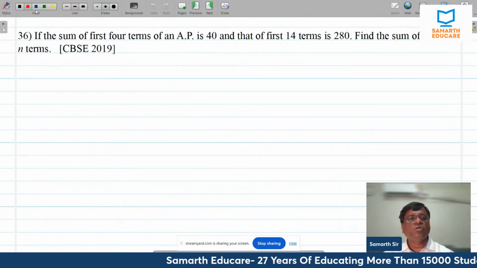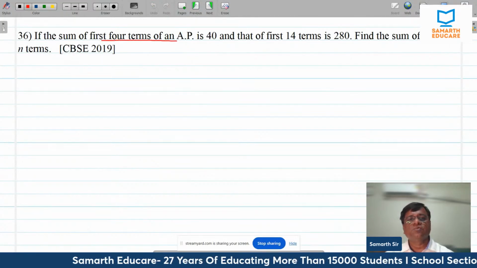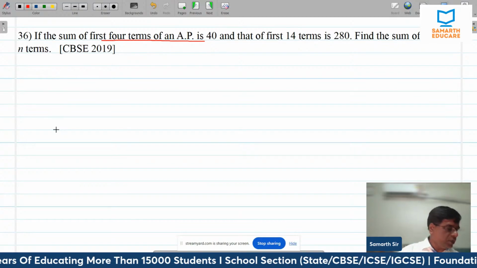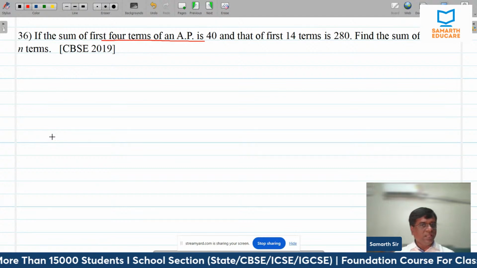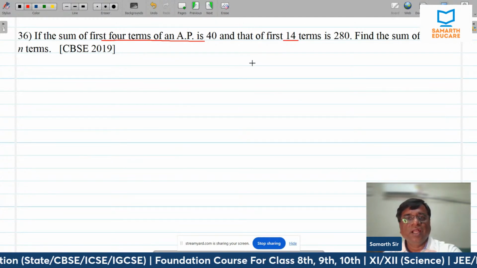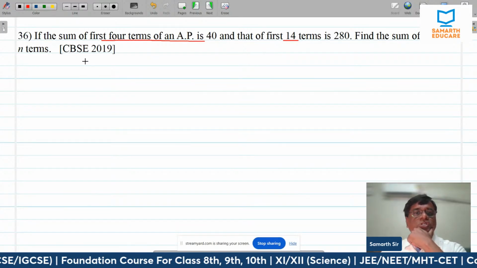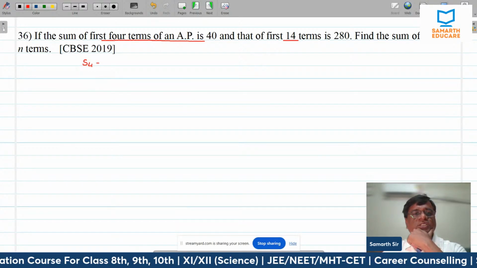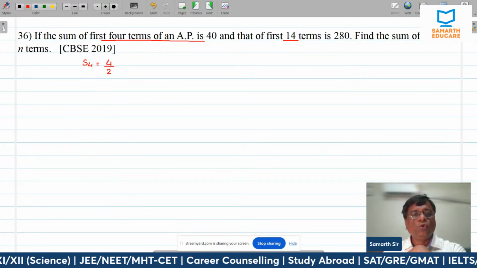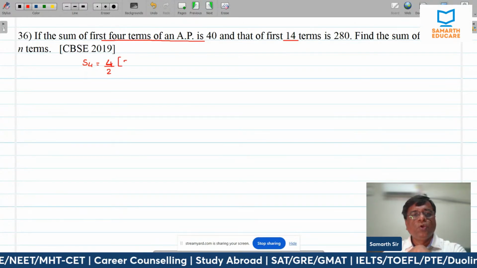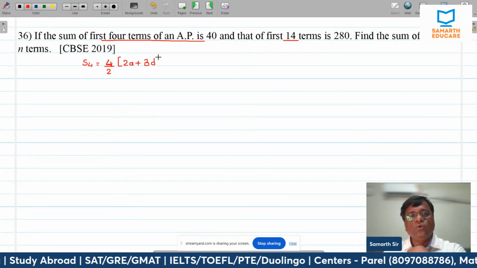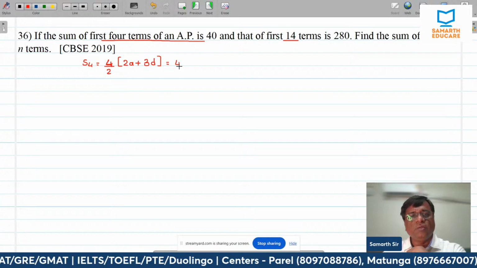If the sum of first 4 terms of an AP is 40, and that of first 14 terms is 280, now because 4 terms is given, we don't have to take a minus 3d and so on, because here 14 terms is also given. Find the sum of first n terms. Now, the sum of first 4 terms, S4, is 4 upon 2, n upon 2, into 2a plus n minus 1, that is 3 into d, is equal to 40.